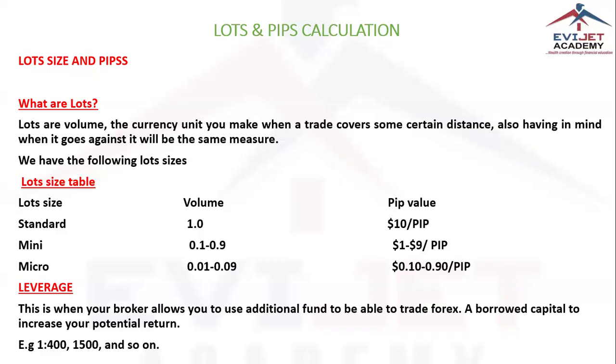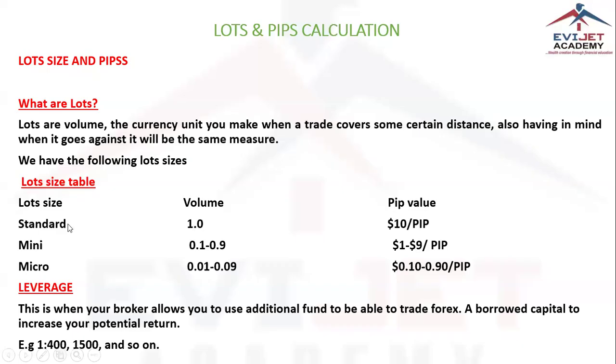Now the next one, which is mini, is 0.1 to 0.9. That is the mini lot size, and 1 pip is equal to $1. So $10 will be 10 pips, and 100 pips is $100.